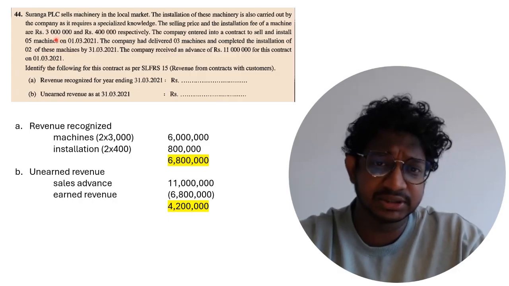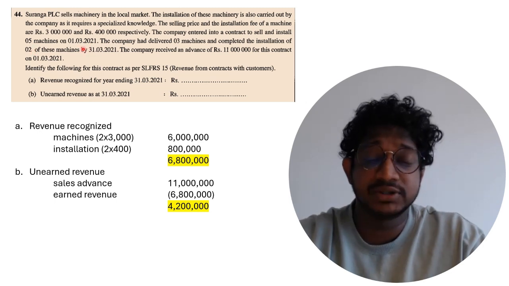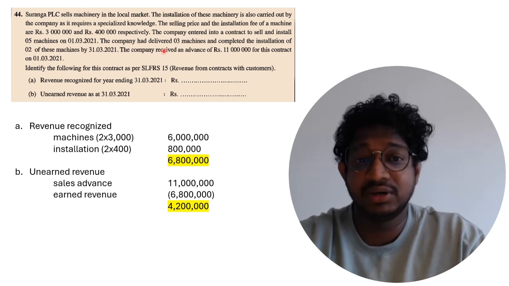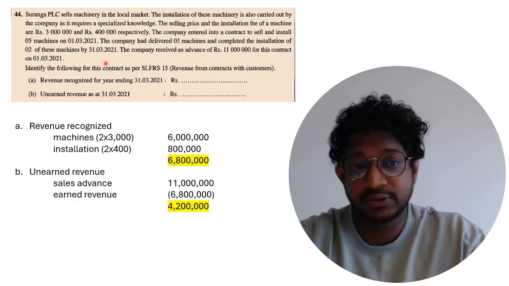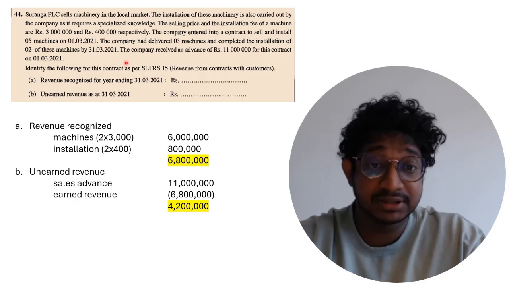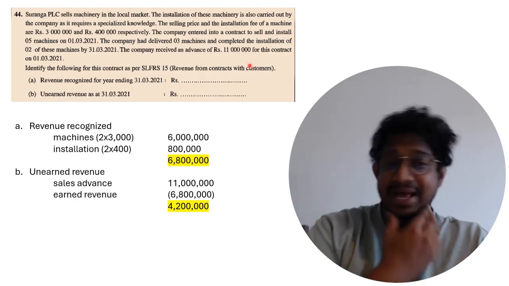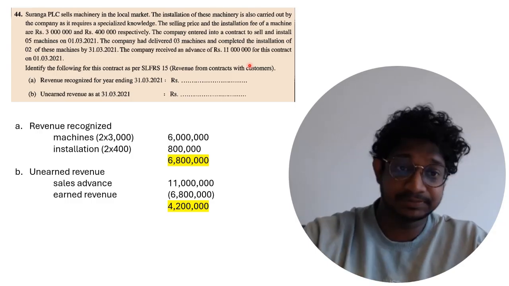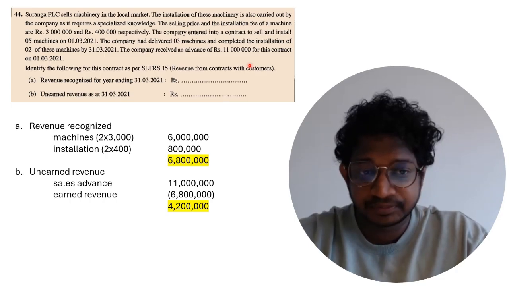The company entered into a contract to sell and install 5 machines on 1st of March 2021. The company had delivered only 3 machines and completed the installation of 2 machines by 31st March 2021. The company received an advance of 11,000 for this contract on the agreement date. So they are asking for the revenue recognized for the year ending 31st March 2021.